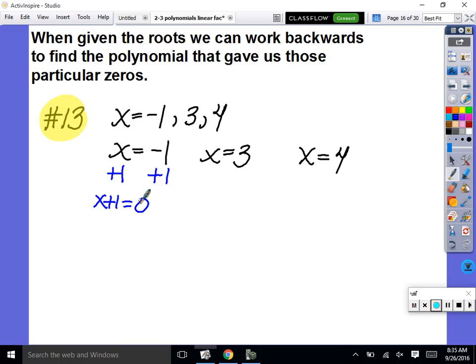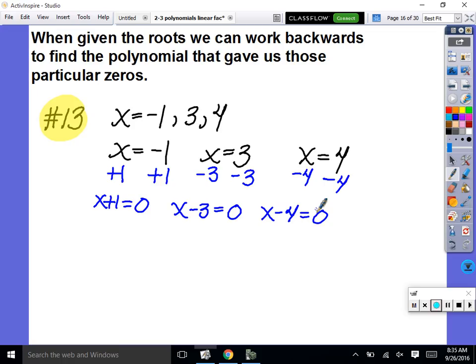Yes or no? Okay, let's get x equal to 0 here. So we would subtract 3, subtract 3. So we had x minus 3 equals 0 before we had x equals 3. Same thing here, subtract 4. So we had x minus 4 equal to 0. That was the linear factor before we got the solution 4.